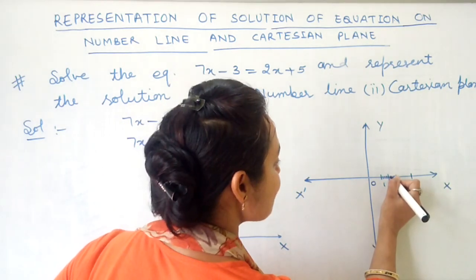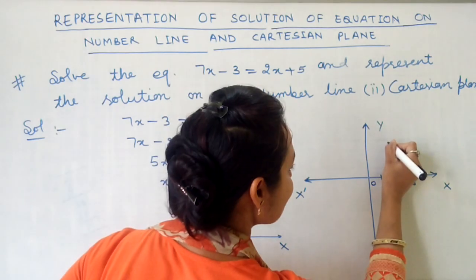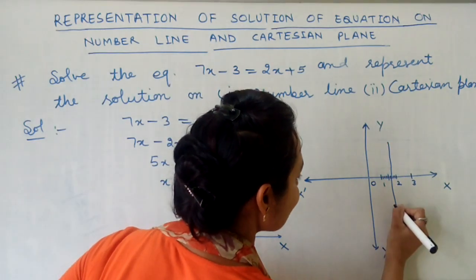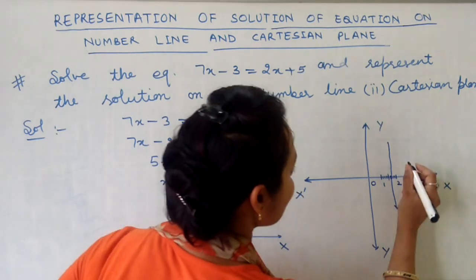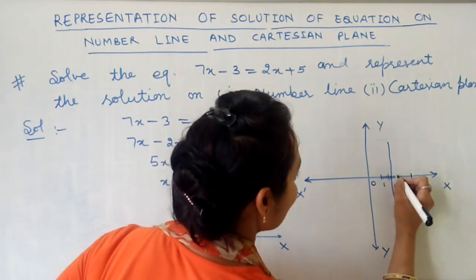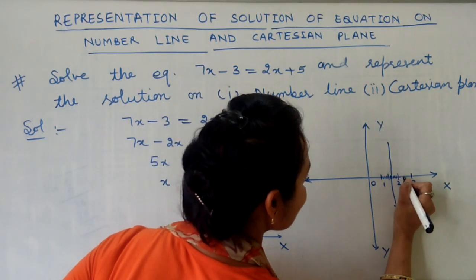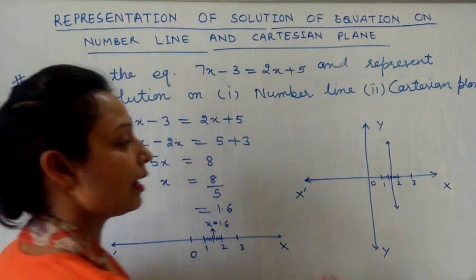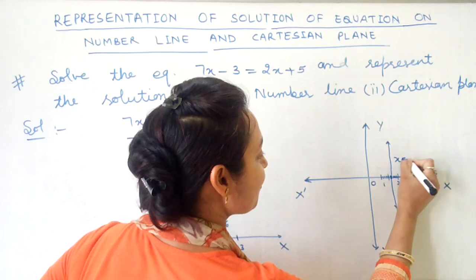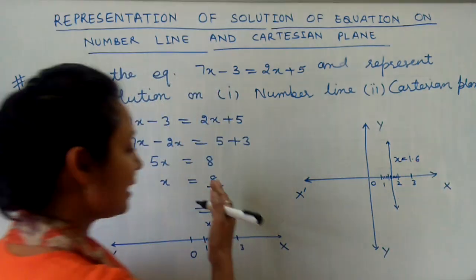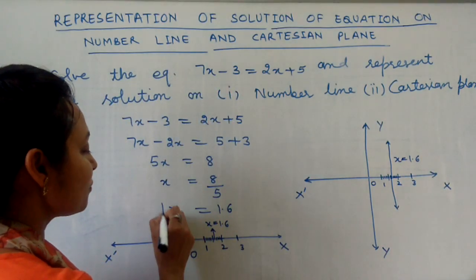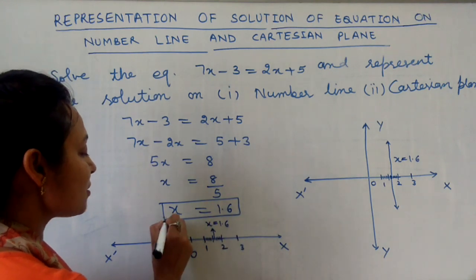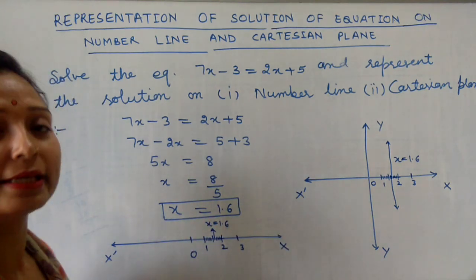So this is 1.6. I will draw a line by using the scale. I don't have a scale, so I will use only my free hand. X is equal to 1.6, that is 8 by 5. So this is the way to solve the equations on the number line and the Cartesian plane.